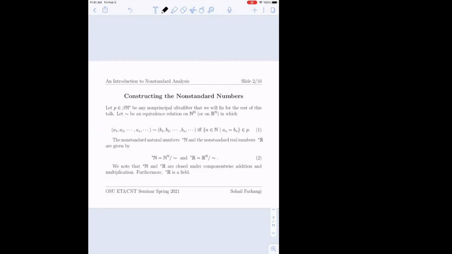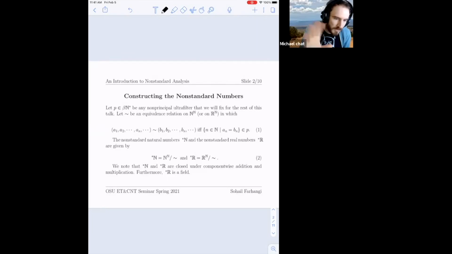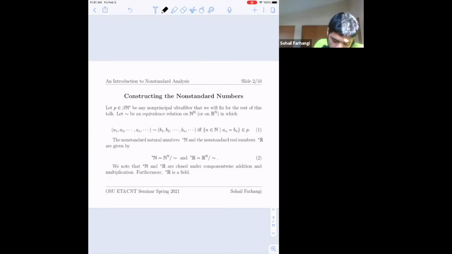So are all the proofs that, for example, addition and multiplication of non-standard reals is well defined just using the basic properties of an ultrafilter?